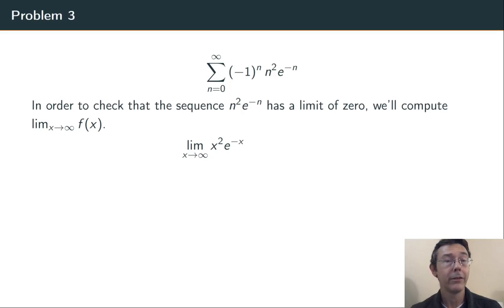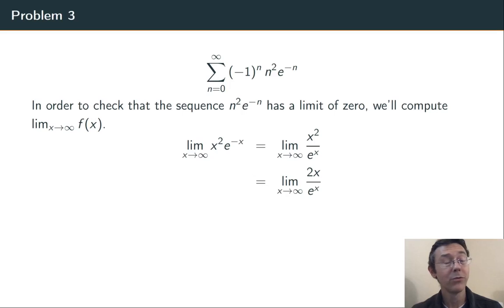We want the limit as x goes to infinity of x squared e to the negative x. This is going to be an infinity times 0 indeterminate form. So we want to rewrite it as an infinity over infinity form, putting the e to the negative x in the denominator and making that exponent positive. Now we can use L'Hopital's rule, 2x over e to the x.